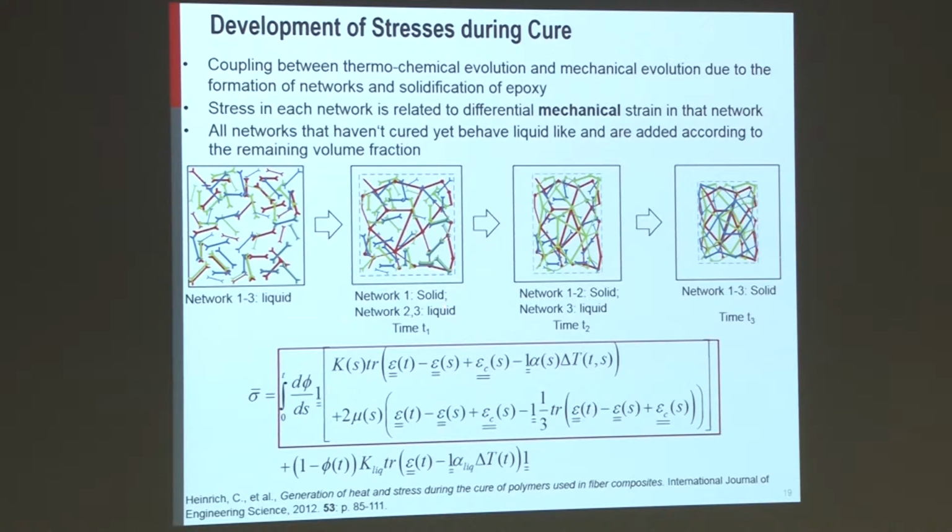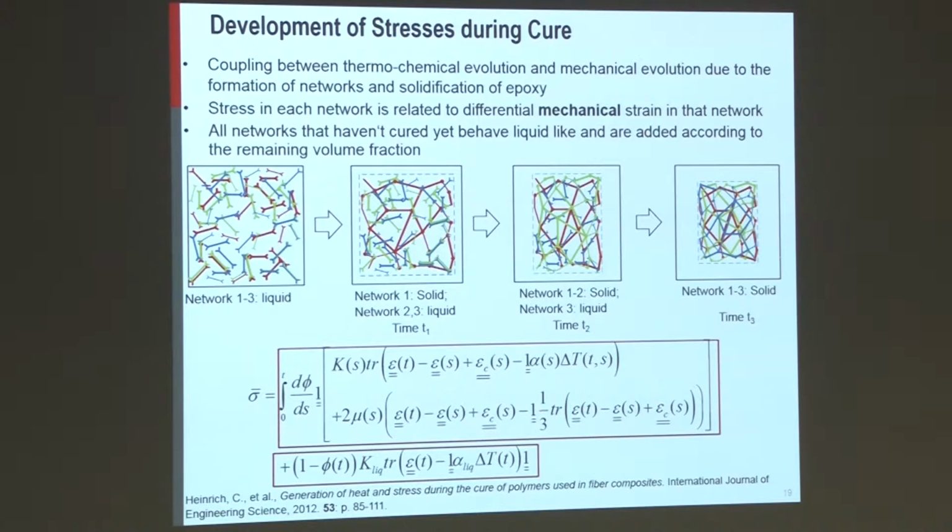This part is the cured or solidified networks, and it's related to the effective strains, and that strain accounts for any cure shrinkage strain and any strain due to thermal expansion. The second part is the contribution from the uncured networks, which are in the liquid form. So 1 minus phi is the remaining uncured network, and the contribution is only in the form of bulk. There's no shear contribution from liquid.